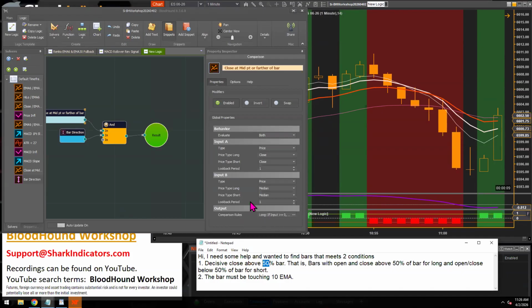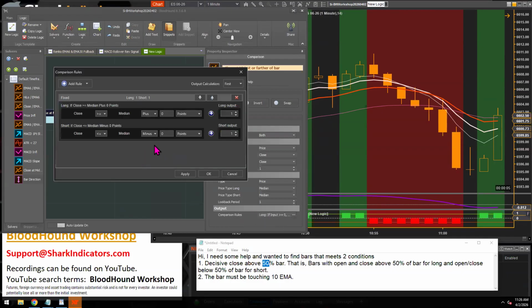Also keep in mind, if we took out the equals condition there, then it would have to be slightly above 50% to get an output.